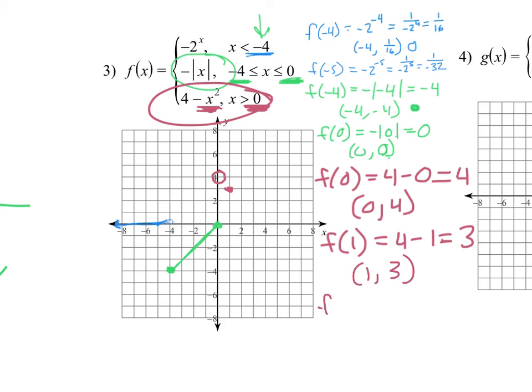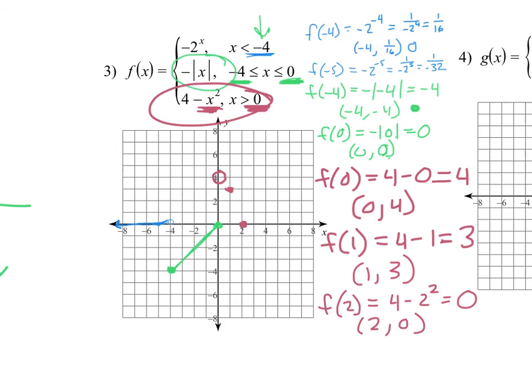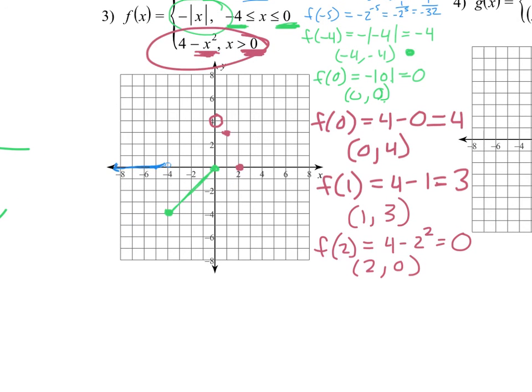So let's plug in 2. So we have 4 minus 2 squared, which would be 4 minus 4, so that is 0. So when x is 2, y is 0. Now let's plug in 3.